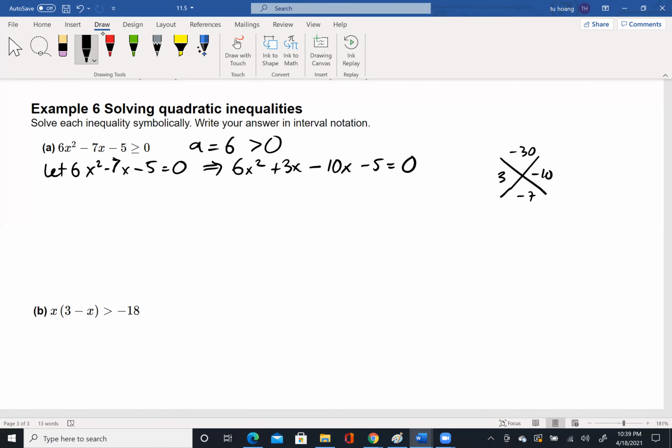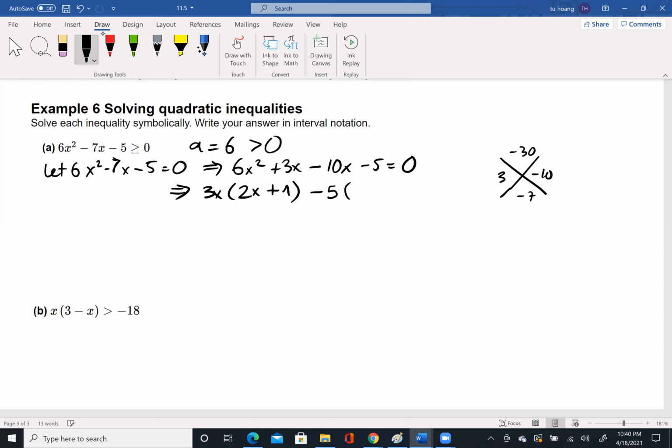So now I'm going to use the grouping method to factor for each two terms. For the first two terms, I factor out 3x, and I have 2x plus 1, right? And for the next two terms, I'm going to factor out negative 5.